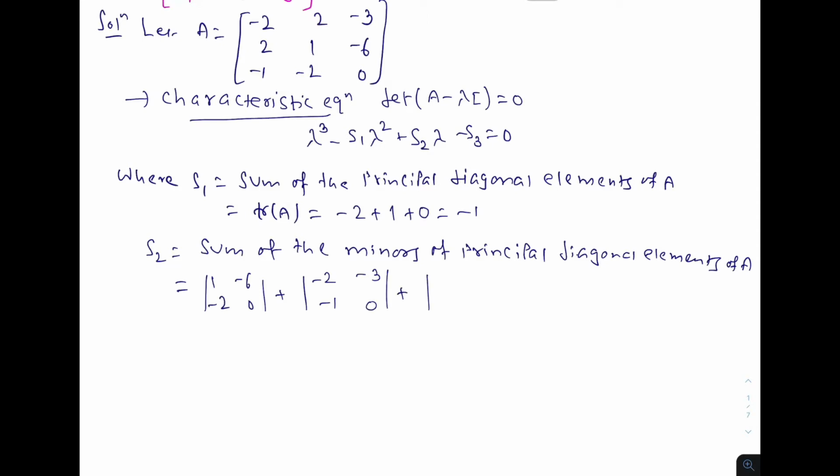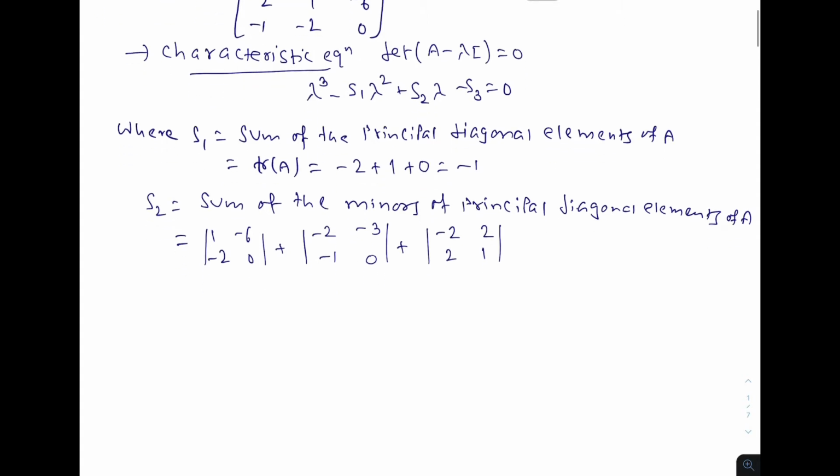Plus the minor of this 0. So we hide the third row and third column, and write these four elements and their determinant, that is -2, 2, 2 and 1. We know how to find a 2 by 2 determinant.